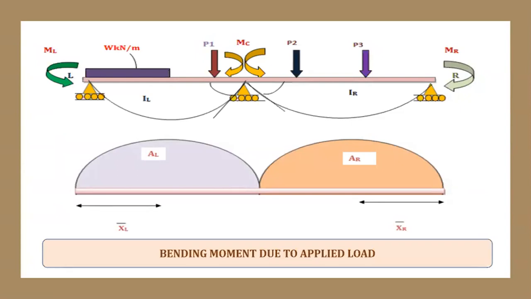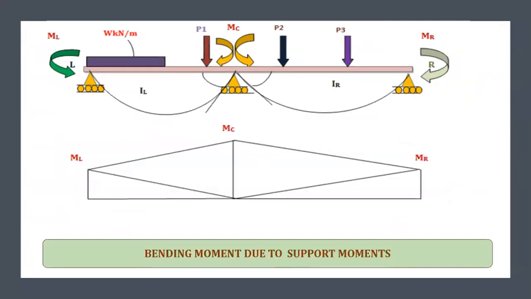Right. Next, at the bottom, you can write bending moment due to the support moments. This is another bending moment diagram due to the support moments. ML, moment at the left support. MR, moment at the right support. MC, moment at the middle point. This is for the support moments.